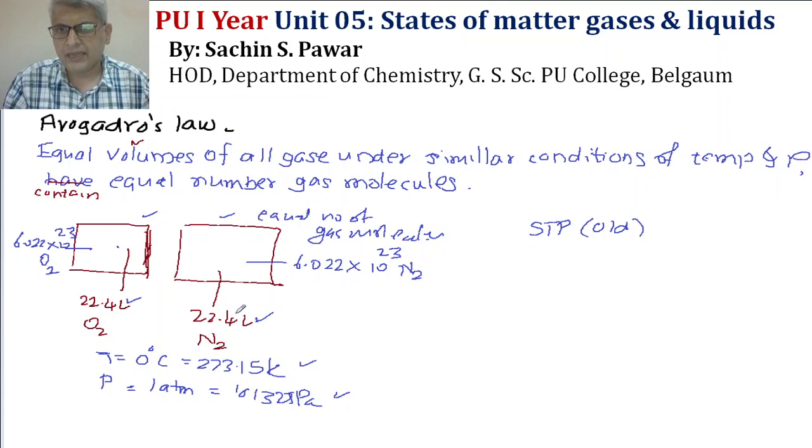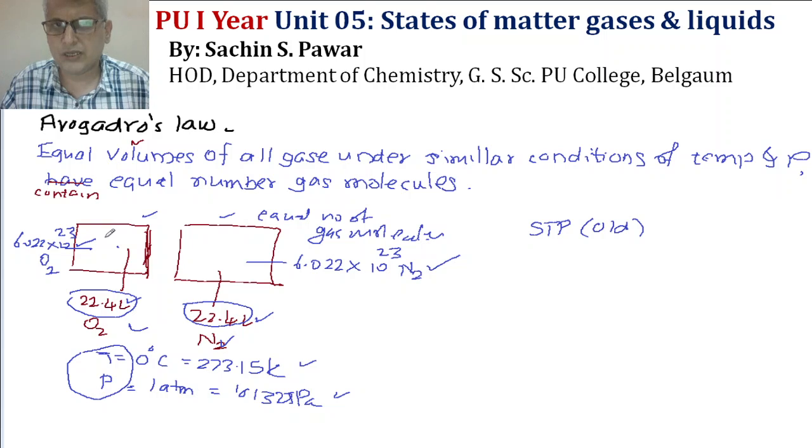So just see, equal volumes of all gases under similar conditions of temperature and pressure contain equal number of gas molecules. This is Avogadro's law.